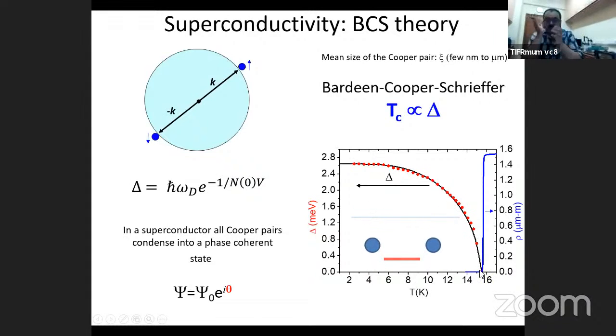So remember, the central thing of the BCS paradigm is that the gap disappears where the resistance appears. This is the central paradigm. All these other things, the shape of the superconducting gap as a function of temperature, this functional form, could change if you tweak the system a little bit.